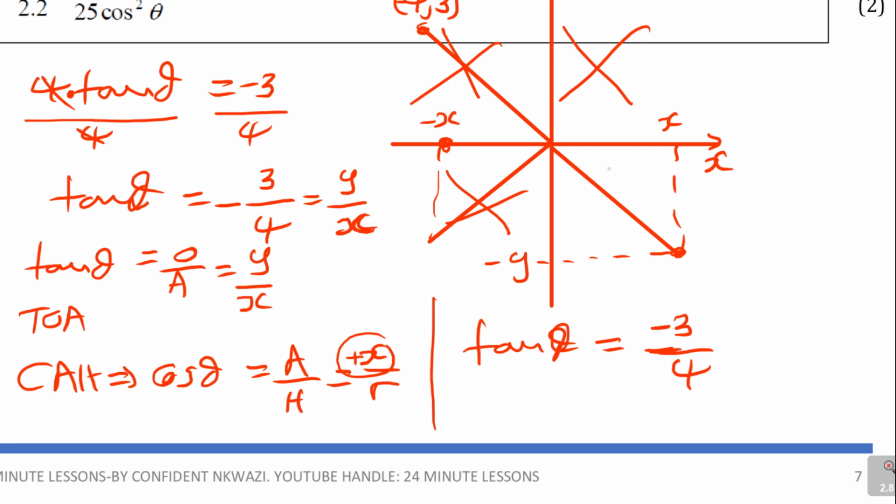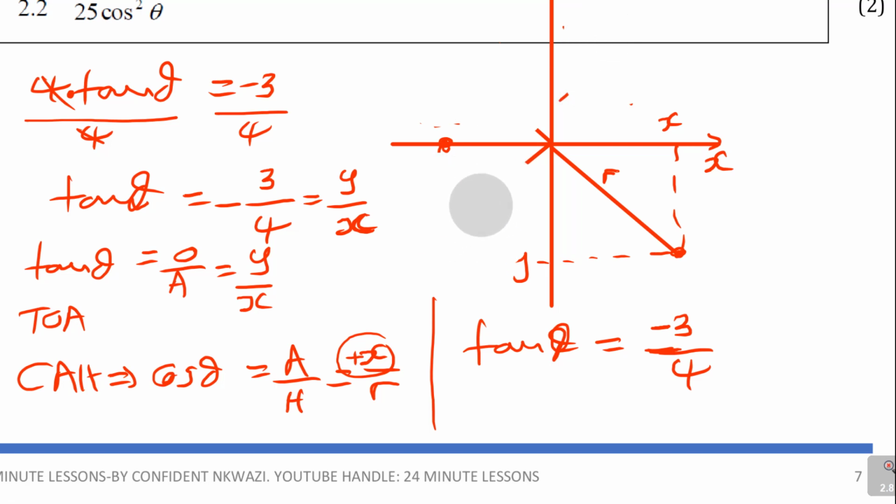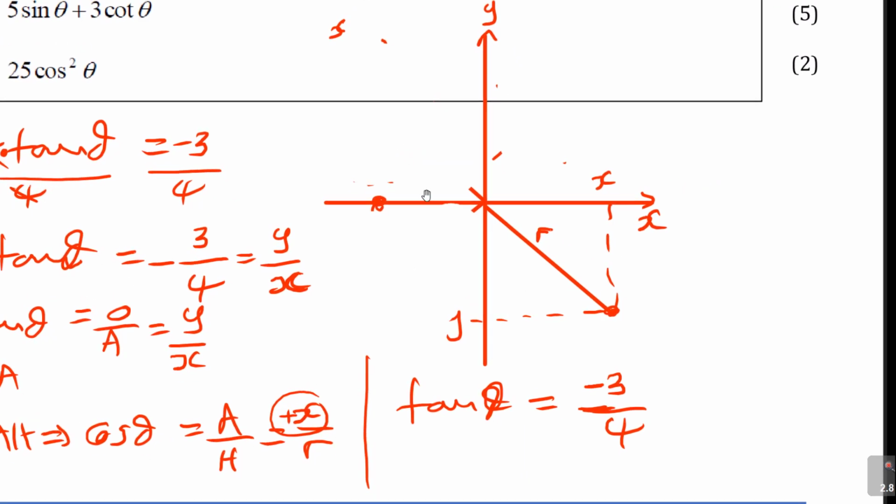Are you with me? And then don't forget, we always need to find r. So the diagram that you are sketching, they said with the aid of a diagram. So you need to have your diagram now. Final diagram must be like this. You don't need to show everything that you are doing here. So this is your final diagram. See that? It's in the fourth quadrant.